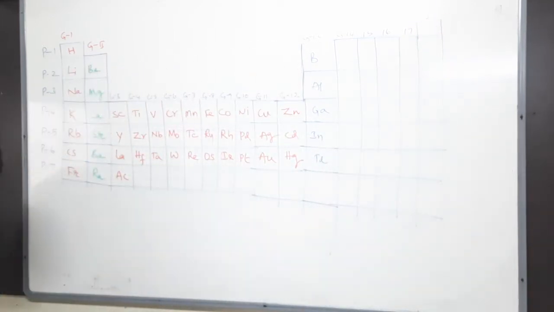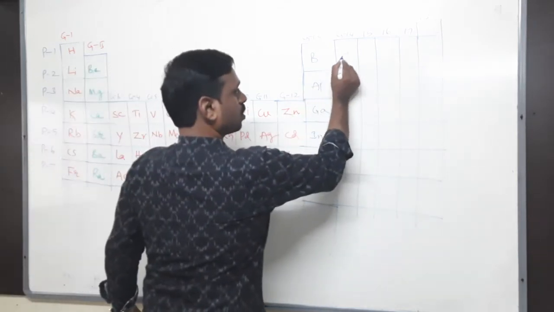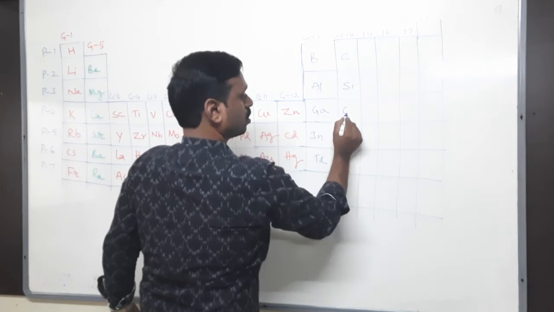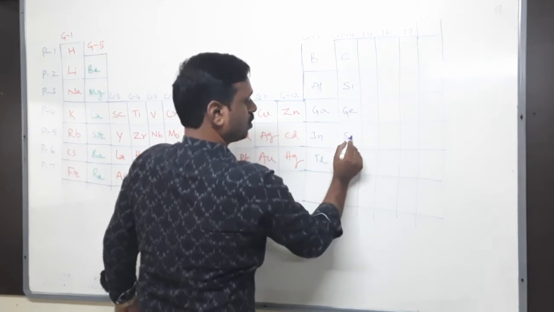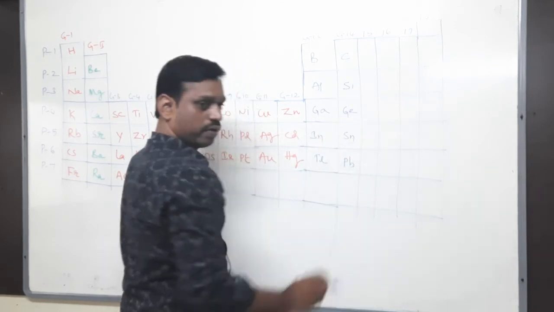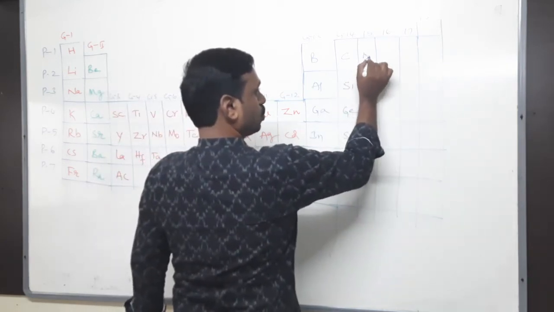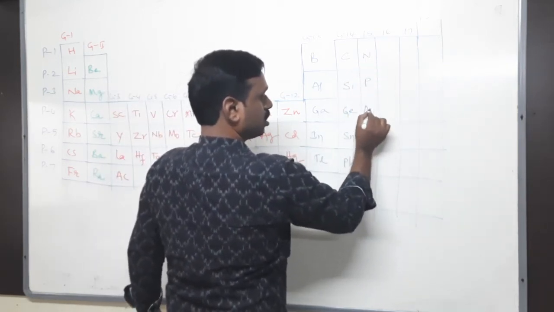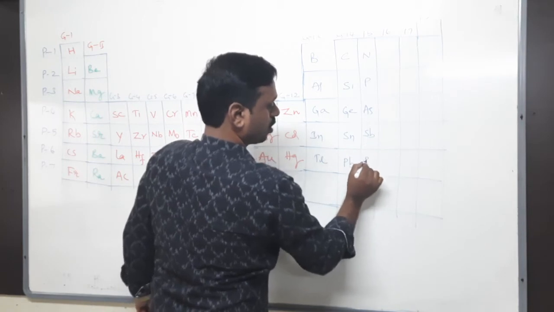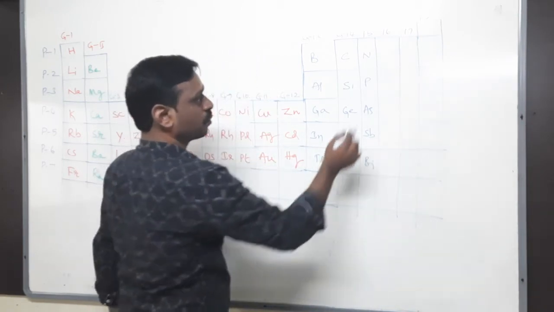So what are the 14 group elements? Carbon, silicon, germanium, tin, lead. Okay, good. Next, nitrogen, phosphorus, arsenic, antimony, bismuth, Bi.